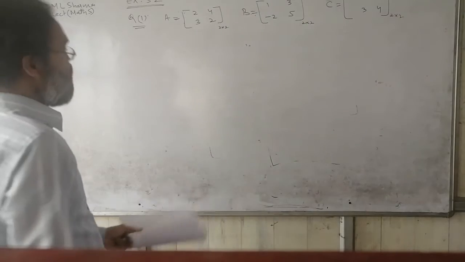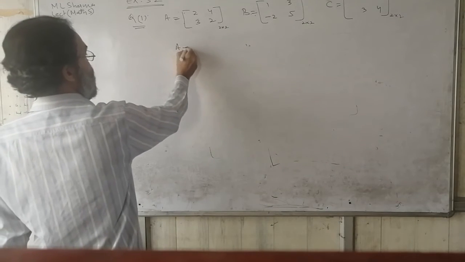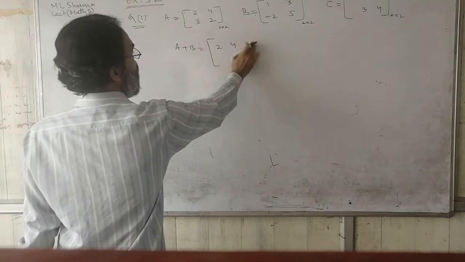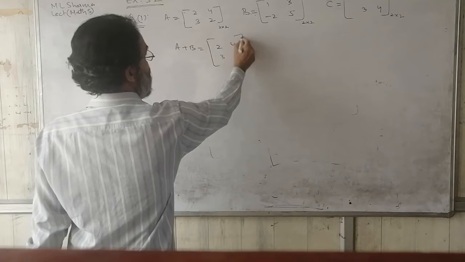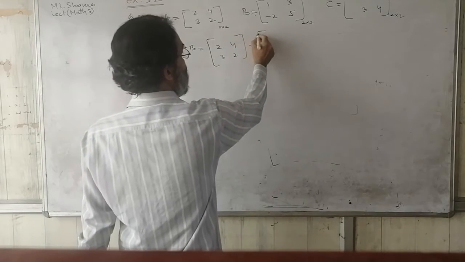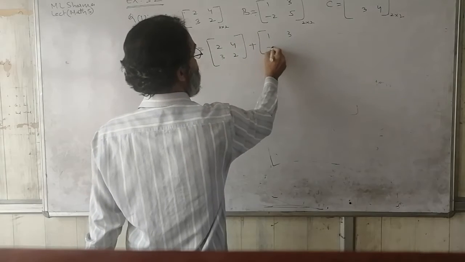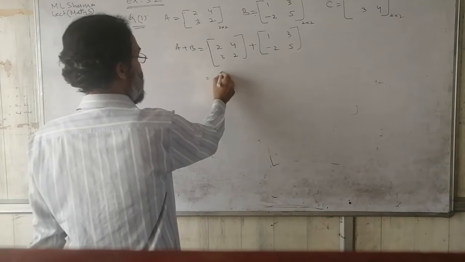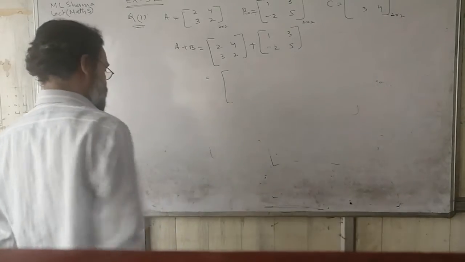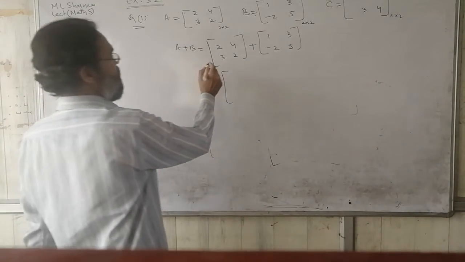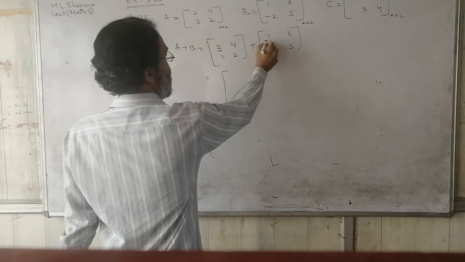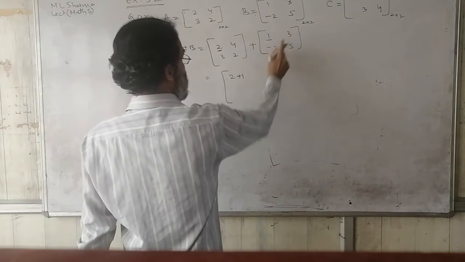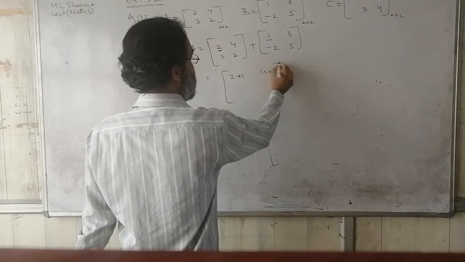So the first part says you have to find A plus B. So elements of A, then elements of B. So this will be equal to, as I told earlier, corresponding elements. Its corresponding element is 1 and its corresponding element is 4 plus 3.